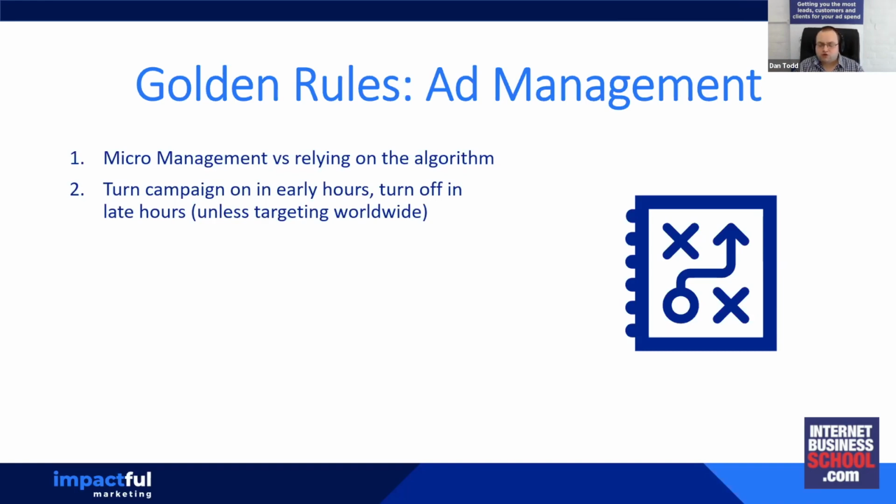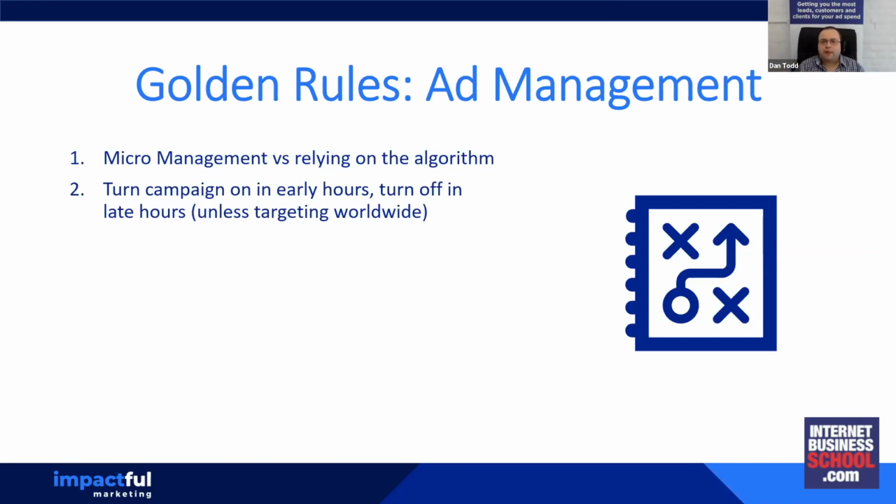But what it ensures is that you're not running ads overnight when your audience are asleep or not active, because you're giving Facebook a daily budget to spend, so they are going to spend that budget regardless of the results you're getting.